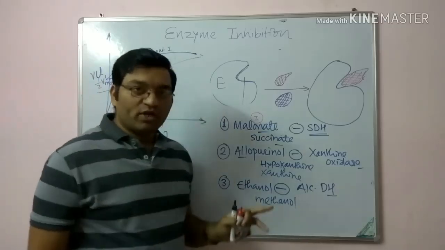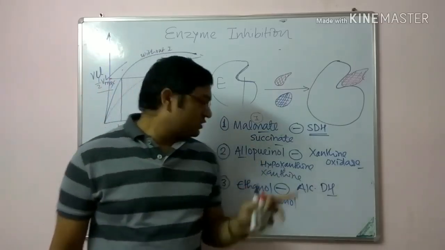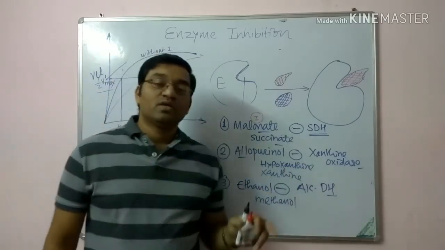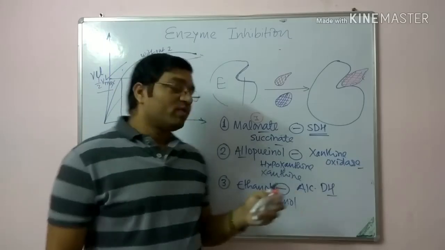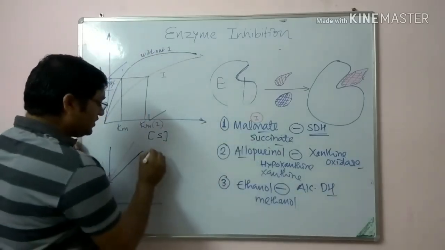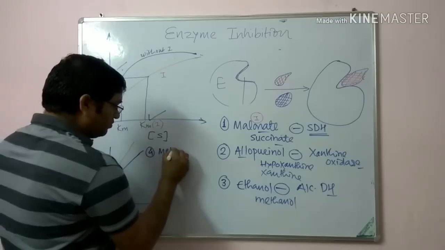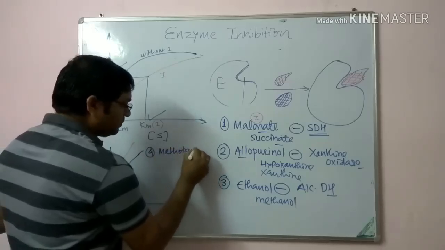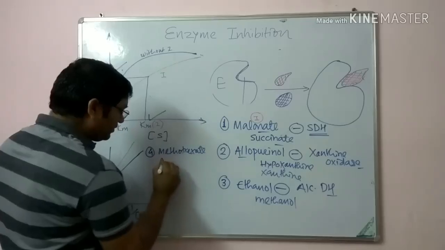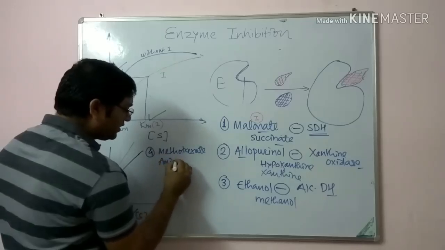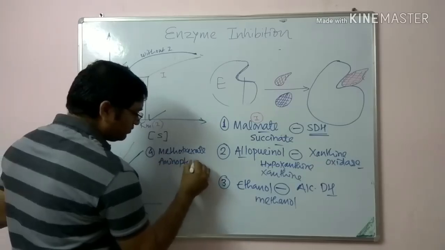Some are anti-metabolites which are used in cancer. This is also known as anti-metabolite, used in the treatment of cancer. The common examples are methotrexate and aminopterin.